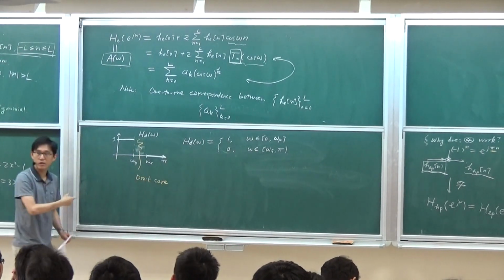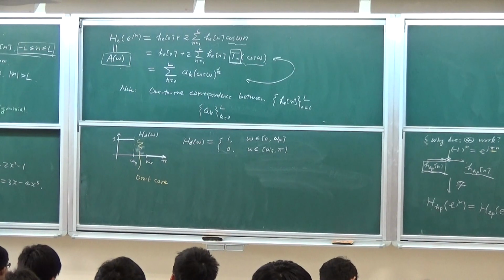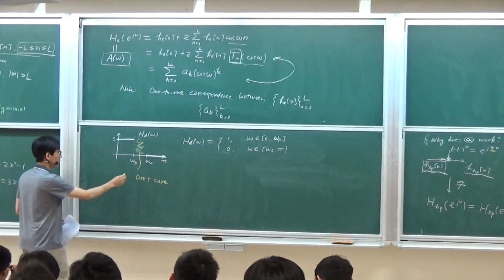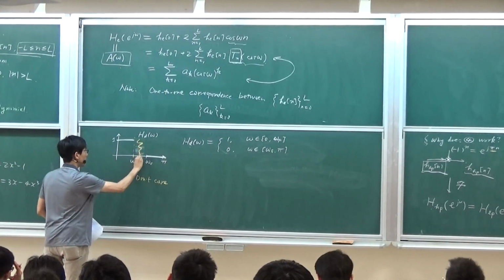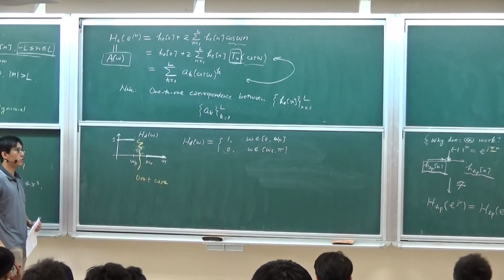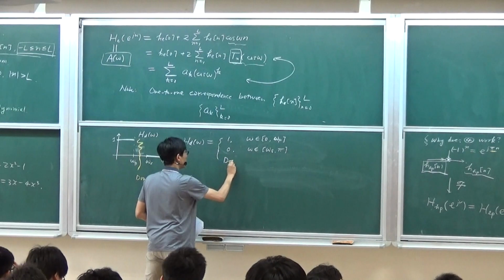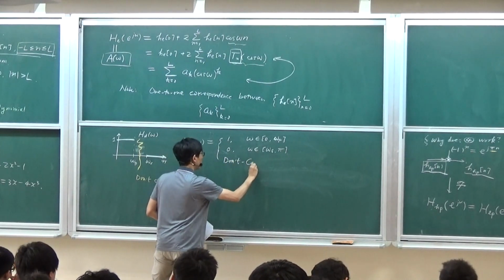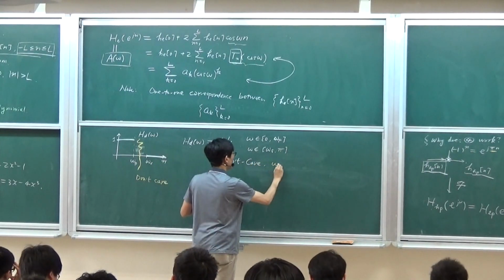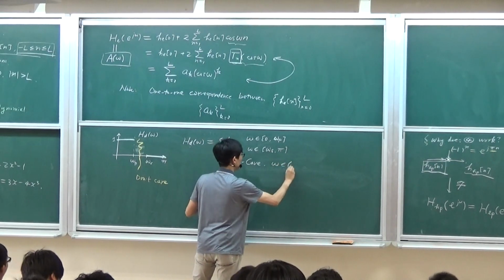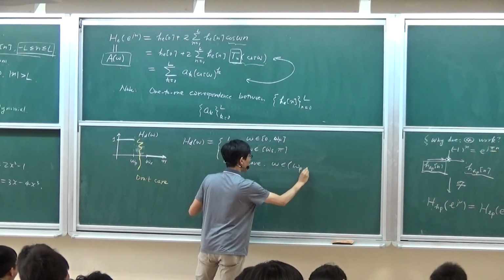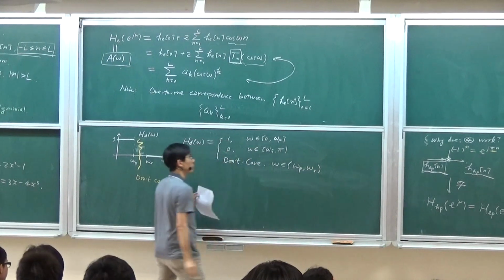That is the spirit of optimal design. The desired response equals don't care if omega is between the edge of the pass band and the start of the stop band.